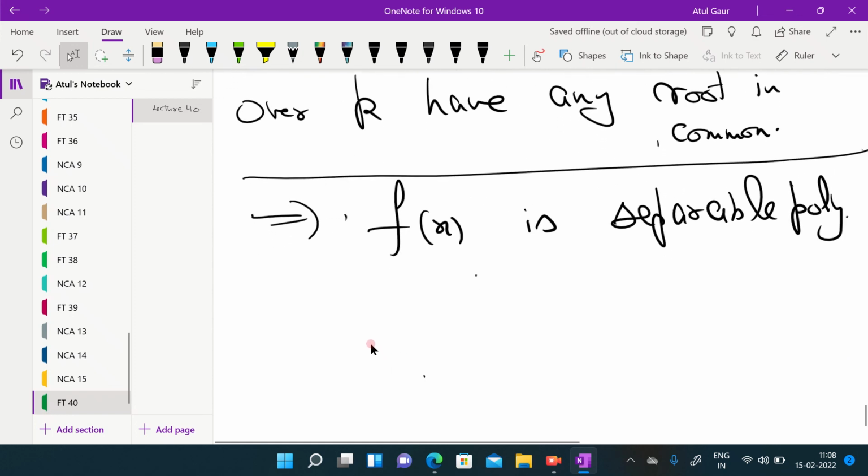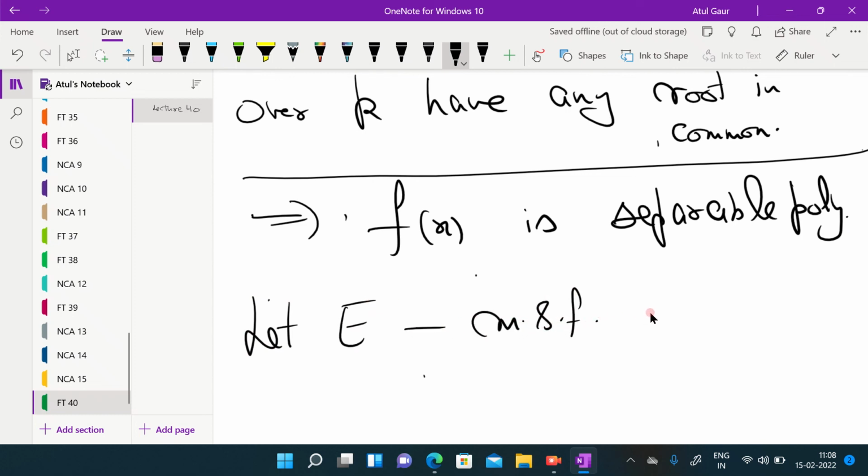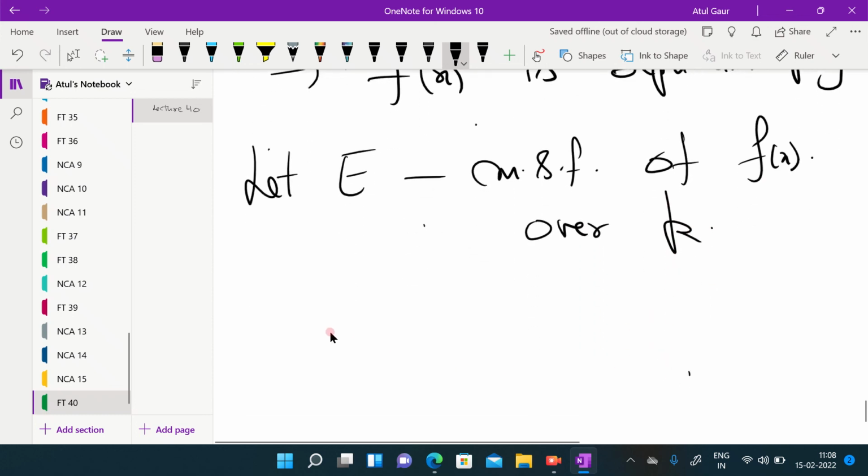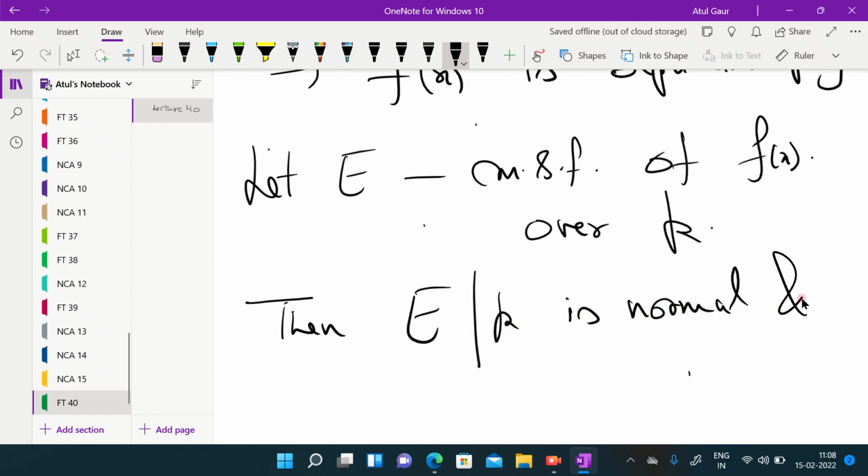So if you consider E to be the minimal splitting field of f(x) over K, then E is normal and separable. Normal because it is a minimal splitting field, separable because it is the minimal splitting field of a separable polynomial. So E over K is normal and separable, and hence a Galois extension.